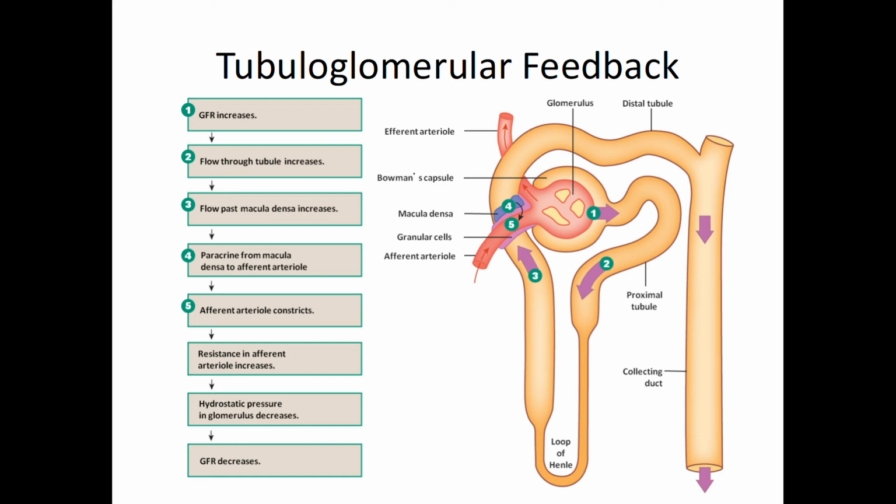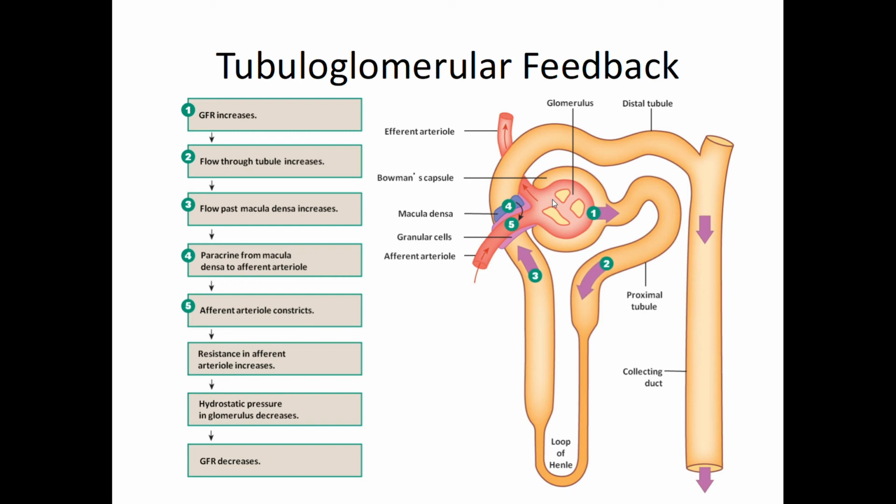In this case, it is a paracrine signal, not an endocrine signal. So that is a paracrine signal that is going to just stay in this area and go to that afferent arteriole, the incoming blood. And that will constrict the afferent arteriole, allowing less blood through and decreasing the blood pressure in the glomerulus, which is then going to decrease the glomerular filtration rate.